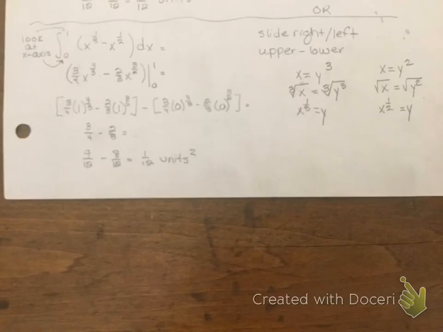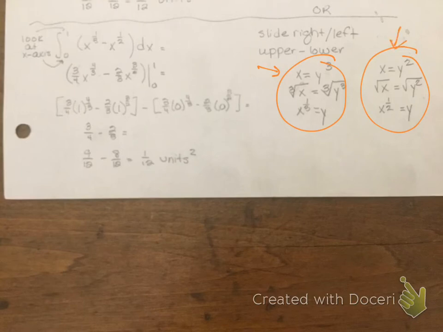So here we go. X equals y cubed and x equals y squared. I am solving both of those for y. Here I'm taking the cube root of both sides. I get y equals x to the 1/3. Here I take the square root of both sides and I get y equals plus or minus the square root of x. Here, let's write it like this for you guys for just a second.